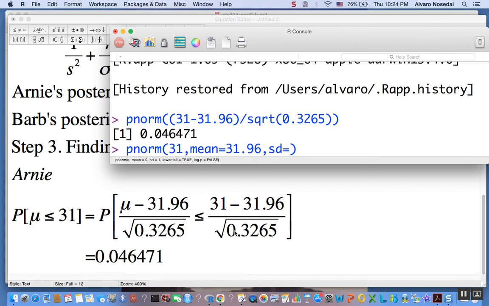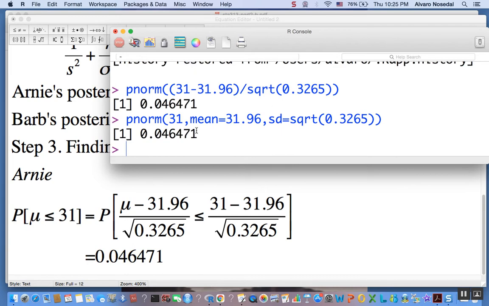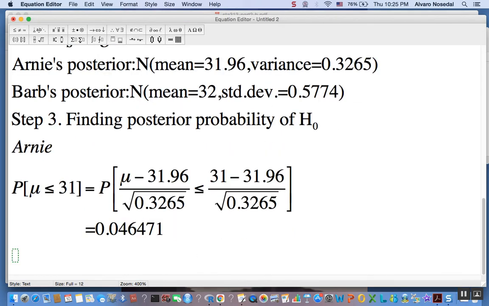We have the variance, the posterior variance, but it would be just the square root of that posterior variance. So we could place it here, and as you can see, we have the same result. Okay, so step 3 for Arnie is done.